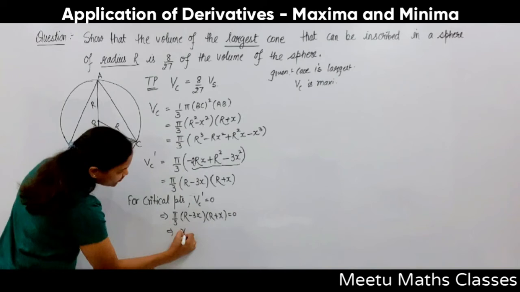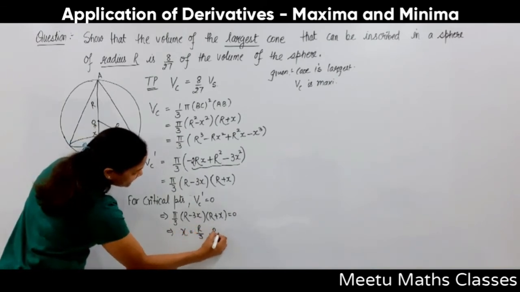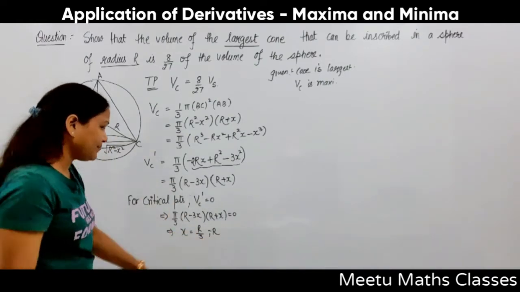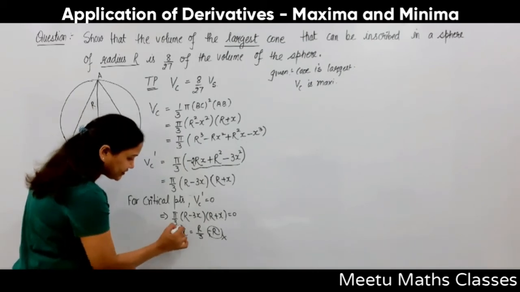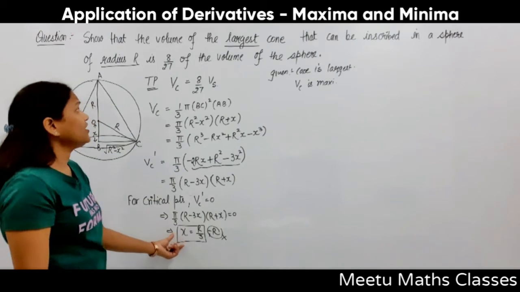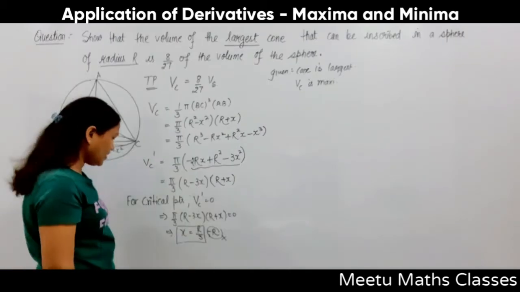So we will get two critical points, r upon 3 and minus r. But x represents a length, which cannot be negative, so we are going to neglect that. So this is the only critical point. Now we will check whether your volume function is maximum at this critical point or not.